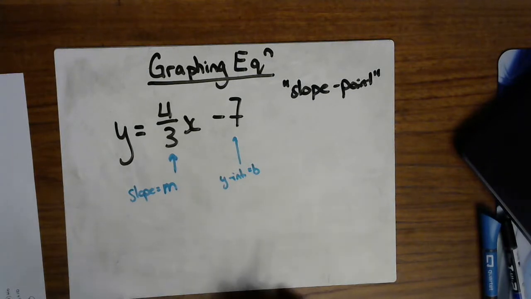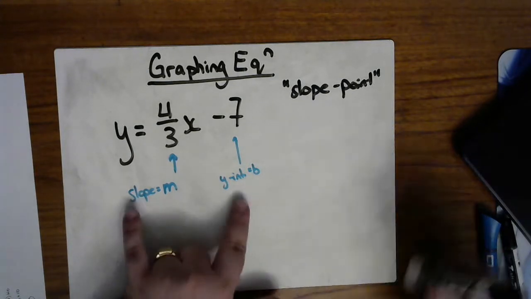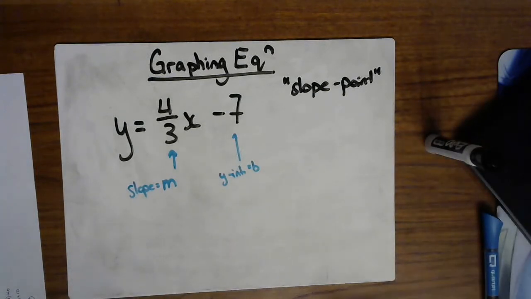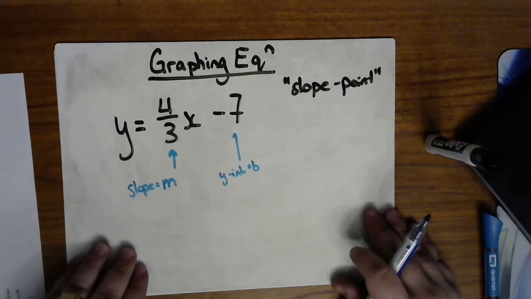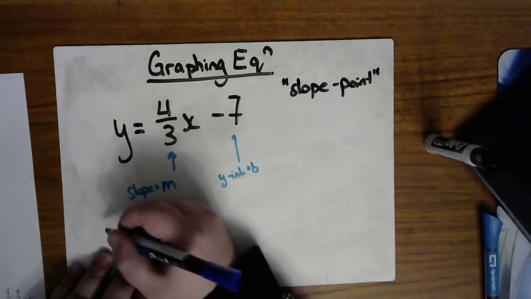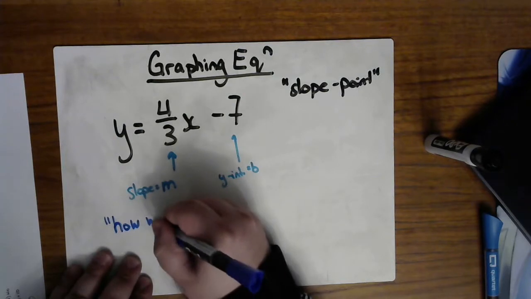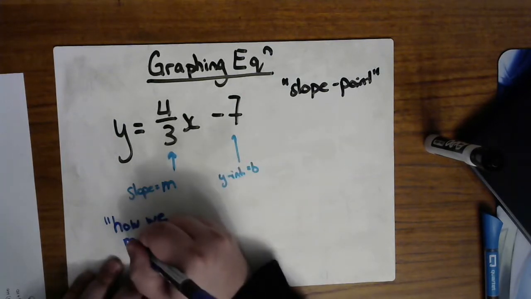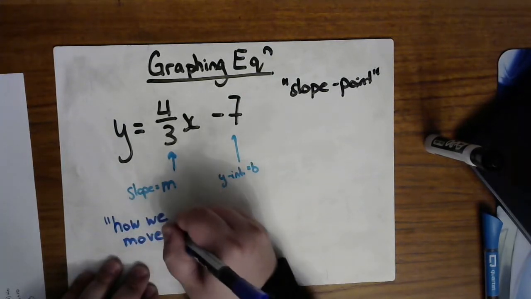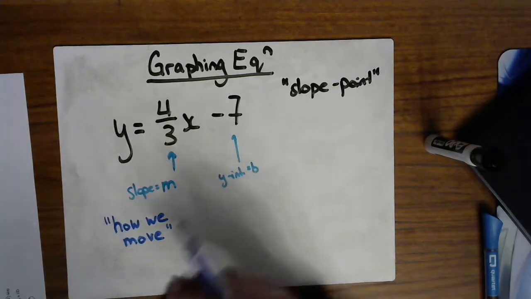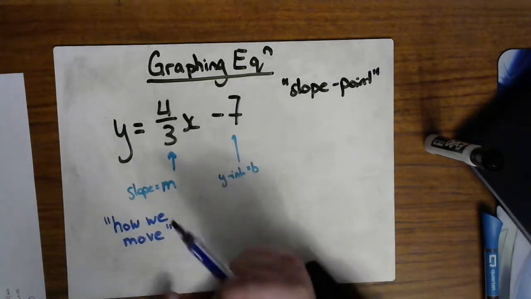For the sake of this video, I'm going to rephrase these two terms. When we're graphing, to make it a little easier on our brains, we can think of the slope as how we move from point to point. Slope is telling us how we're moving about.